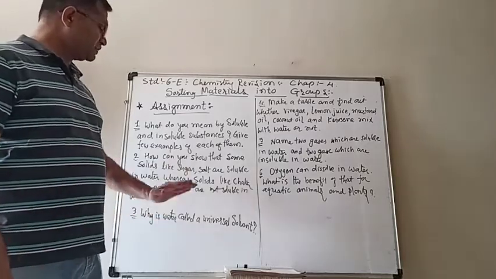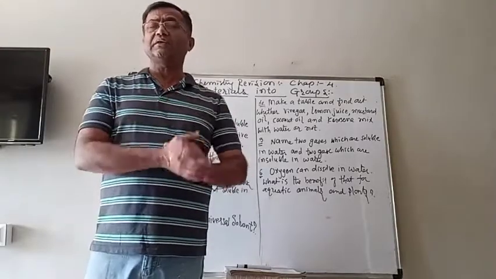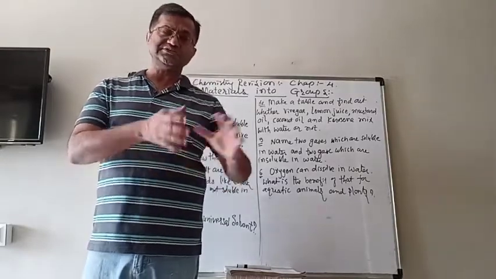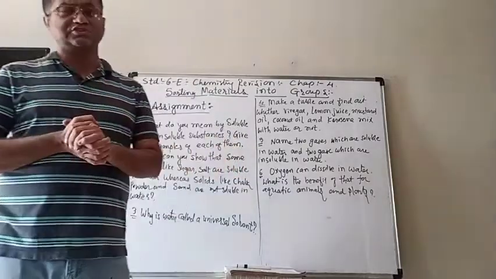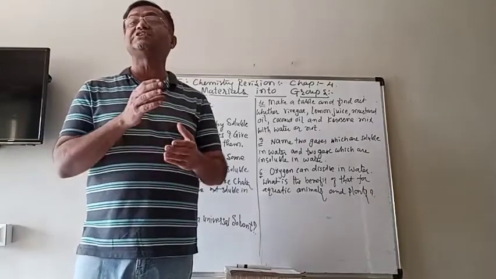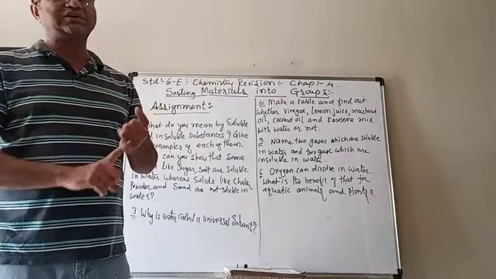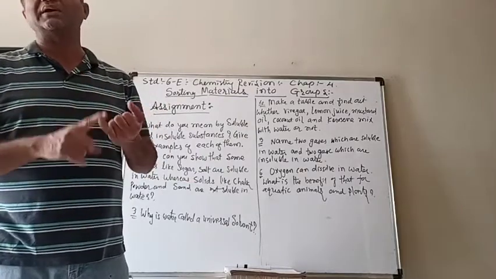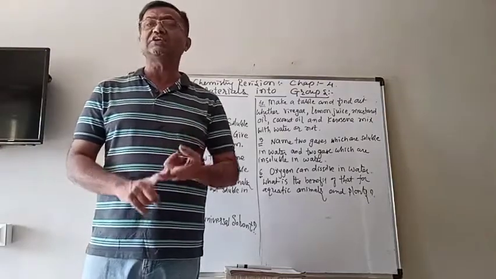Now, why is water called a universal solvent? In the chemical industries, most of the chemicals dissolve, meaning they are soluble in water, because water can dissolve so many objects. You know that sea water is salty.